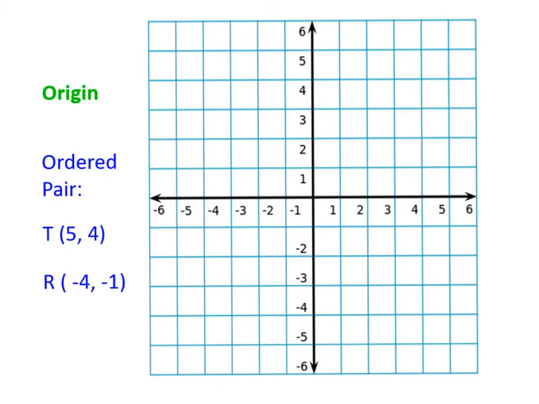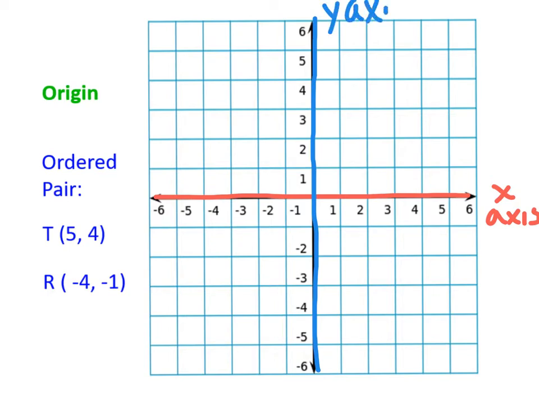The x-axis is our horizontal axis, and the y-axis is the vertical axis. The origin is the intersection of these two axes, so it is right here.